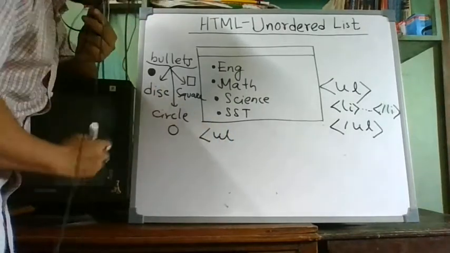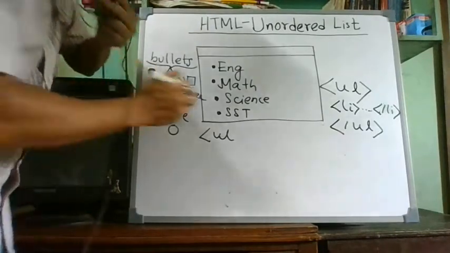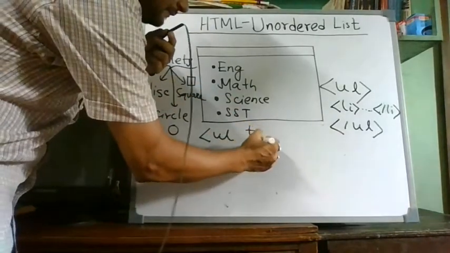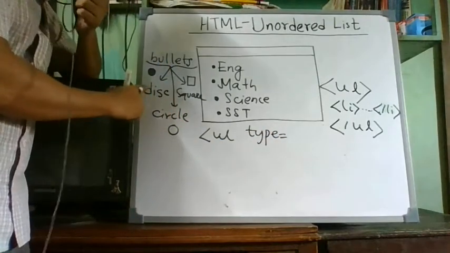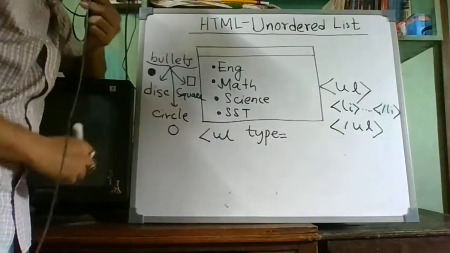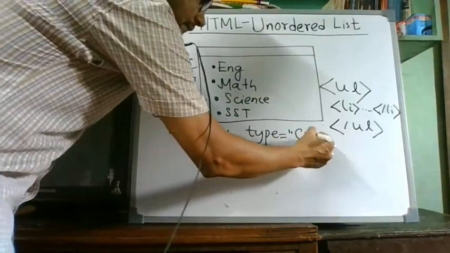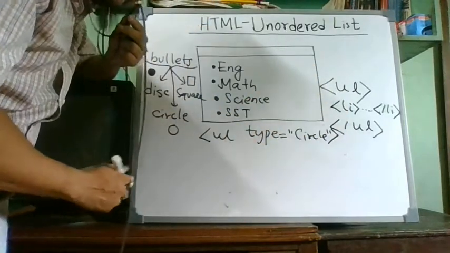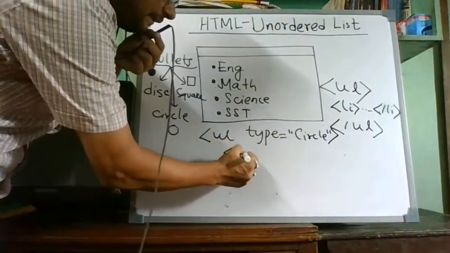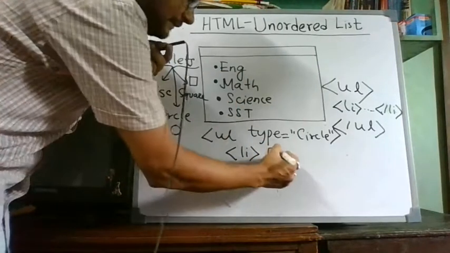We have mentioned the UL tag. UL tag has a specific attribute called type. Under type, you can mention the bullet you want to select for the list. Suppose I am selecting circle. After that, I am mentioning the list items as I have mentioned here.